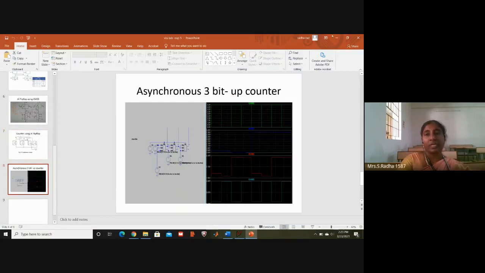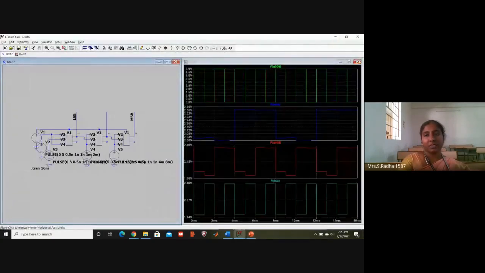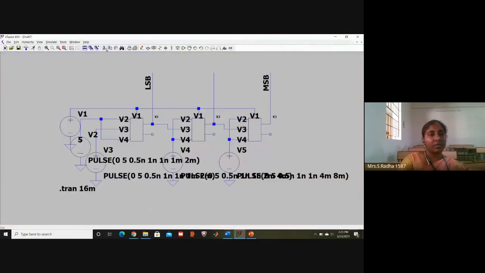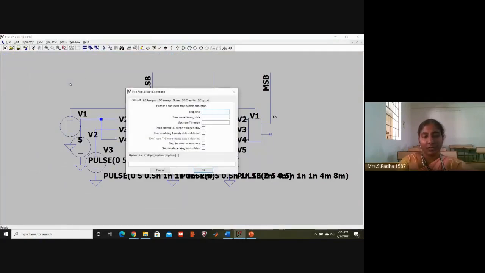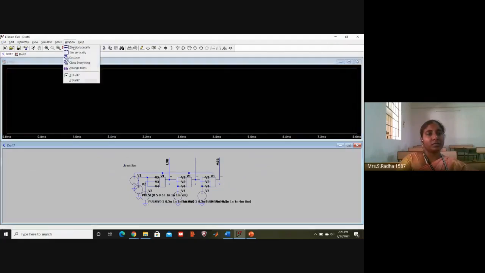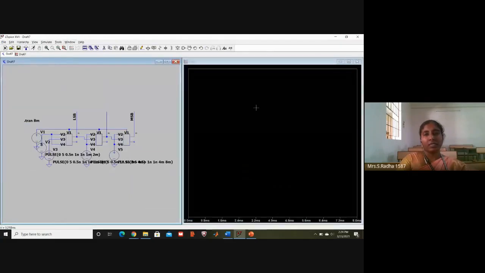Simulation time I have taken 8 milli, so just 1 minute. Because if those settings are not given properly, output we cannot analyze correctly. So what I will do, simulate, edit simulation, I will give 8 milli. Now I will go with run button, tile vertical.